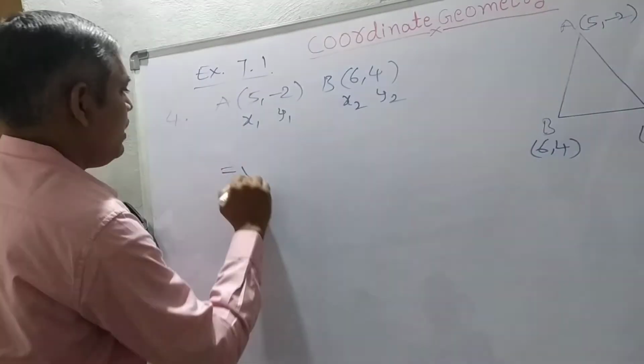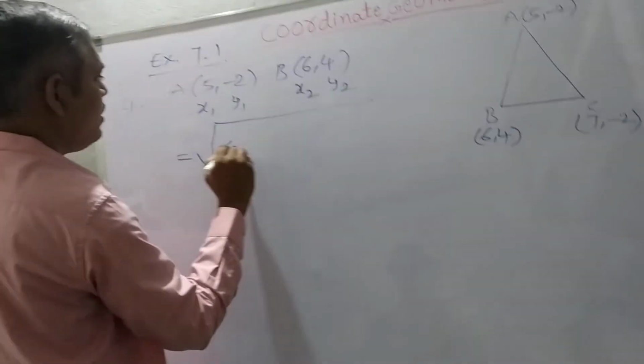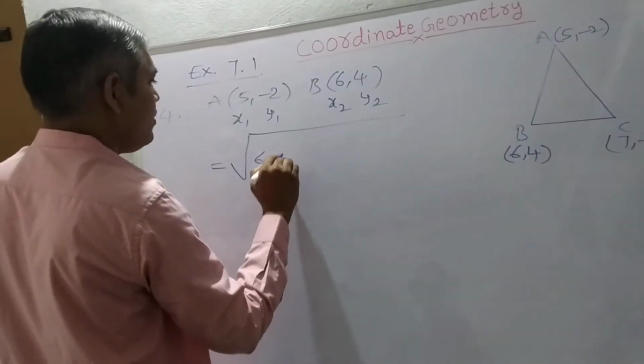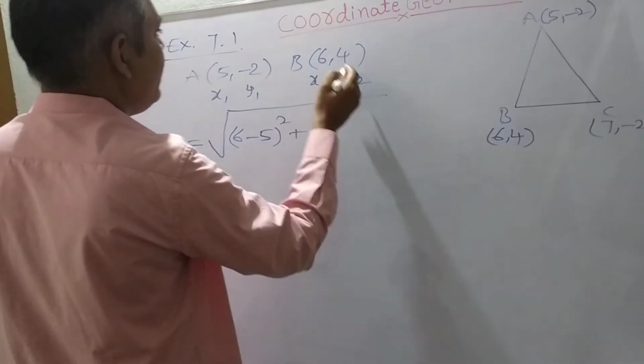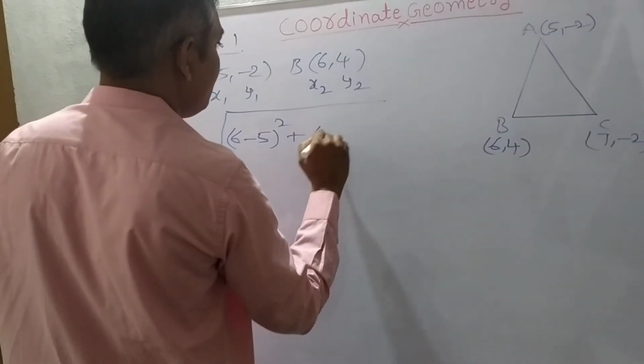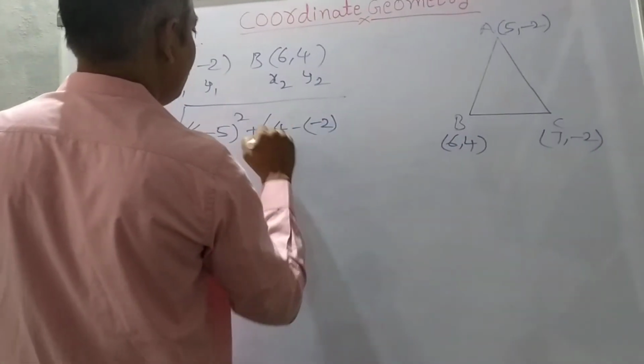The formula is the square root of (x2 minus x1) whole square plus (y2 minus y1) whole square. x2 is 6 minus x1 is 5, plus y2 is 4 minus y1 is minus 2, whole square.